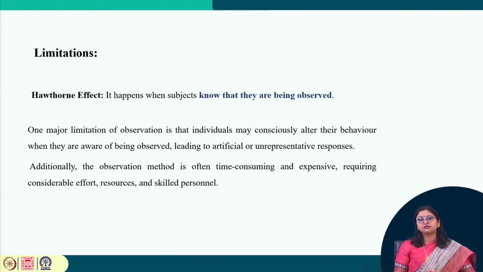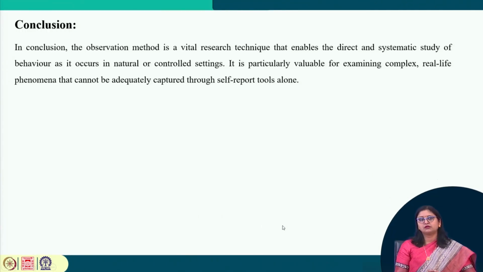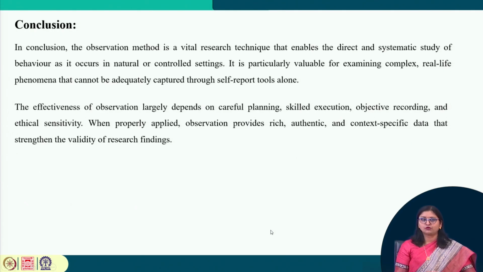Additionally, the observation method is often time-consuming and expensive, requiring considerable effort, resources and skilled persons. So, now let us conclude regarding the observation method. This is a very vital technique that enables the direct and systematic study of behavior as it occurs in natural or controlled settings. It is particularly valuable for examining complex real-life phenomena that cannot be adequately captured through self-reporting tools alone.